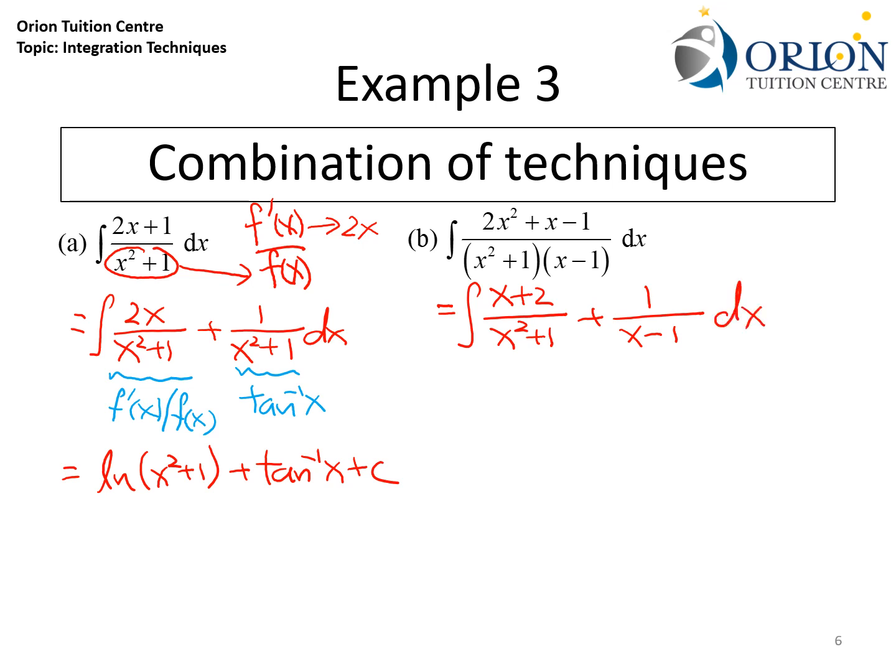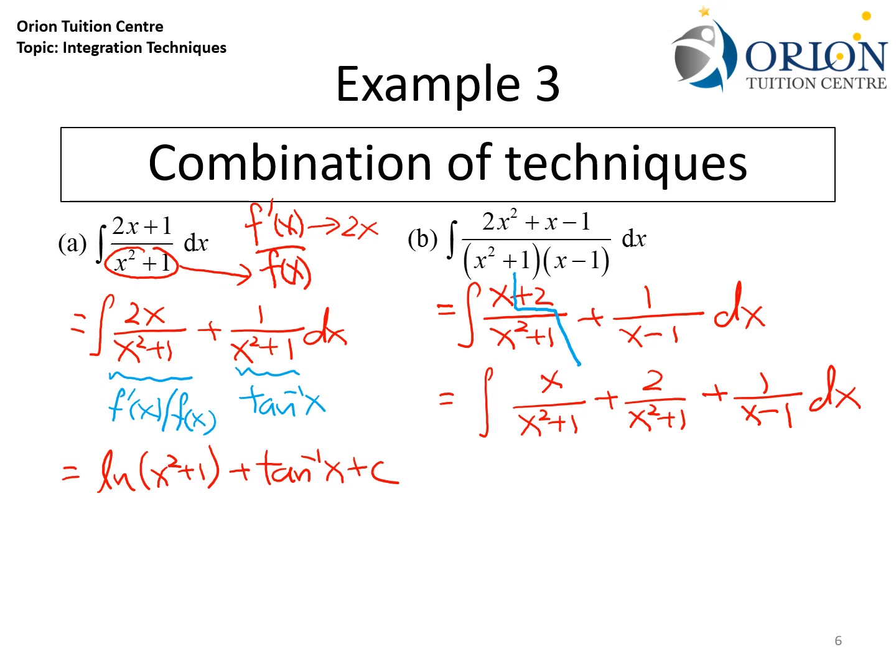Now, for this first term, we can apply the same technique as in part A to split them up into two terms. And we will end up with x over x squared plus 1 plus 2 over x squared plus 1 plus 1 over x minus 1 dx.